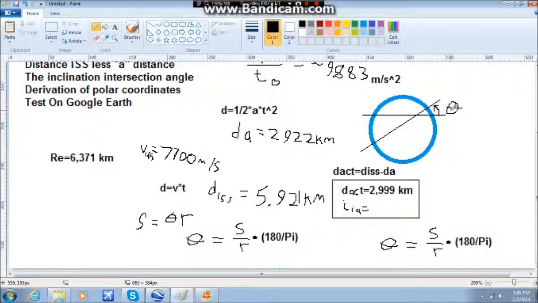So what we find is that we need to multiply by some number, which is going to take the horizontal component of that. And in trig, that is going to be multiplied by, in the case of latitude, cosine theta.